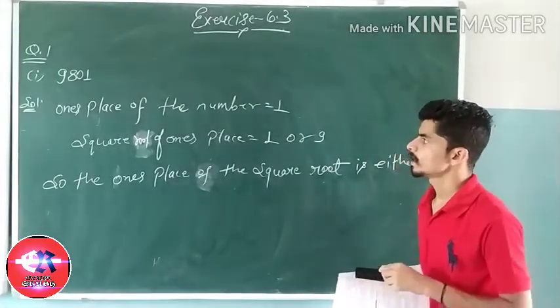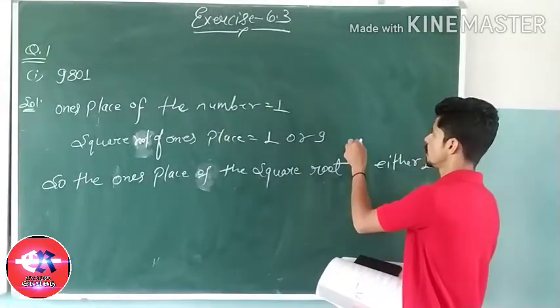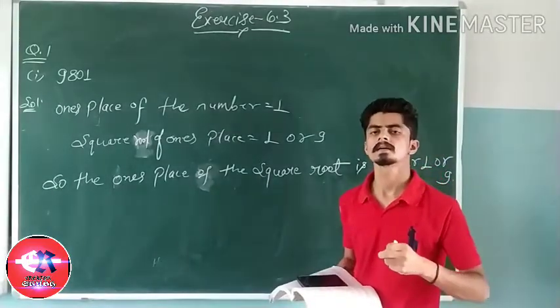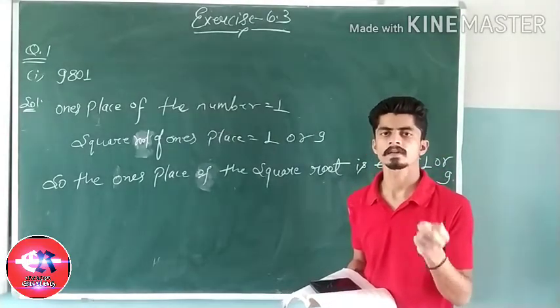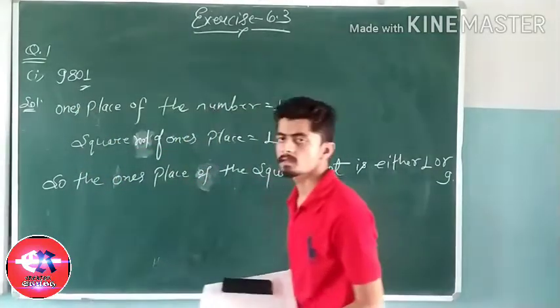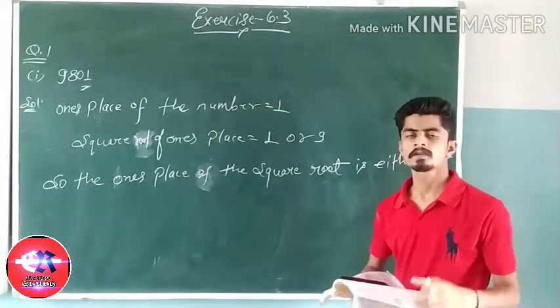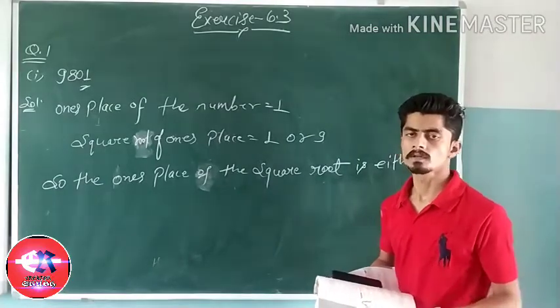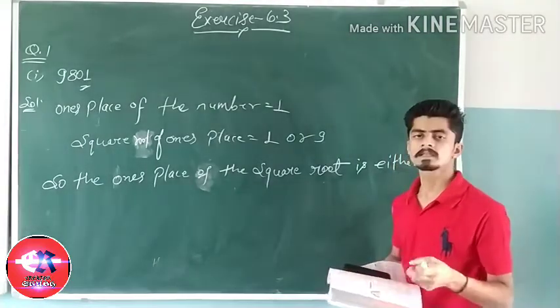That means, when we square a number, how do we get the number? So there is a number whose square has 1 at the ones place.